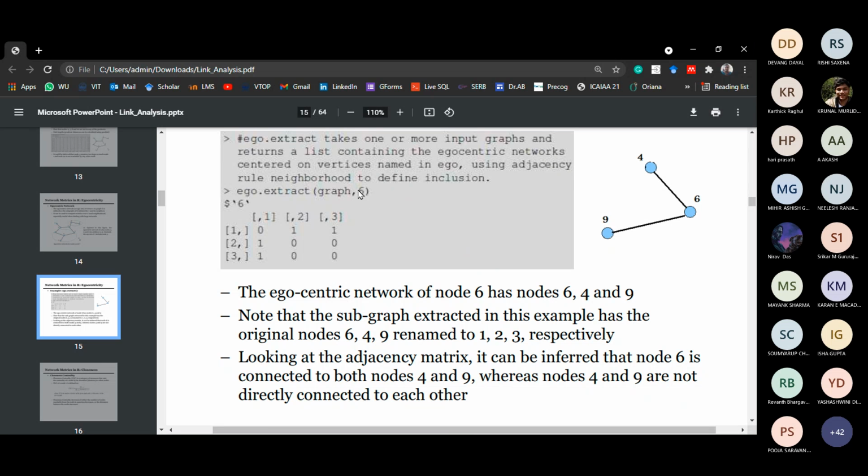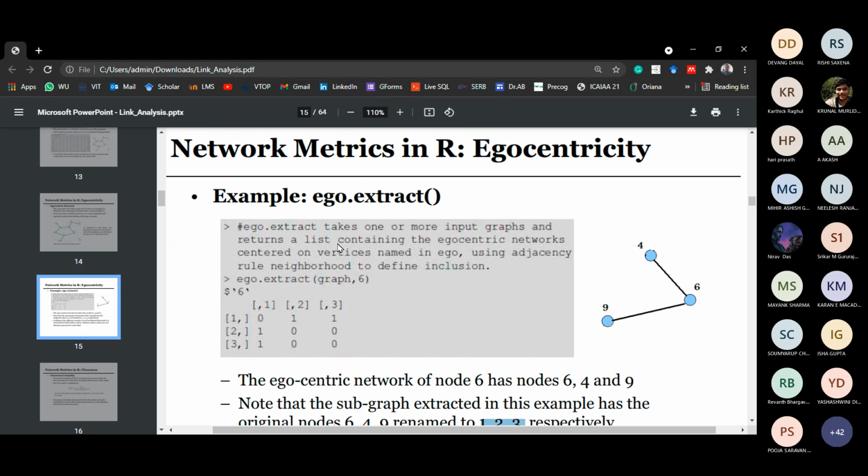For 6, what are all the nodes which are immediately available as egocentric nodes? We can see 6 to 4, 4 to 9. This particular node is renamed as 1, 2, 3, and it will display its connectivity. This is how you can extract a subnetwork from a given network and identify it as an egocentric network. This can be done using a tag called ego.extract.